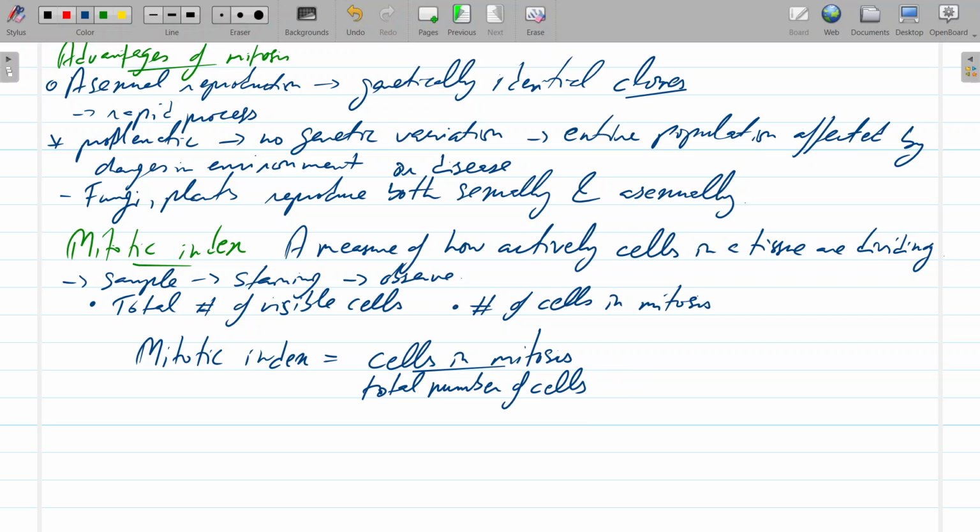Now there's a use for this. So identify actively dividing tissue. That's the whole point. And it can also be used to identify cancerous tissue.